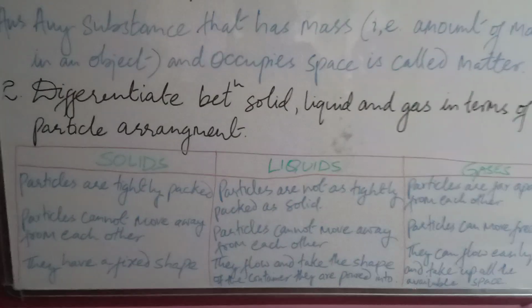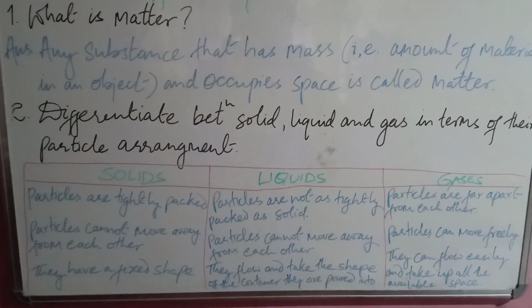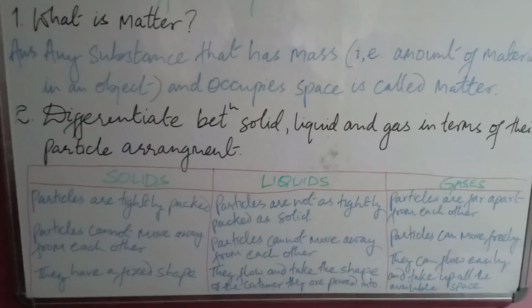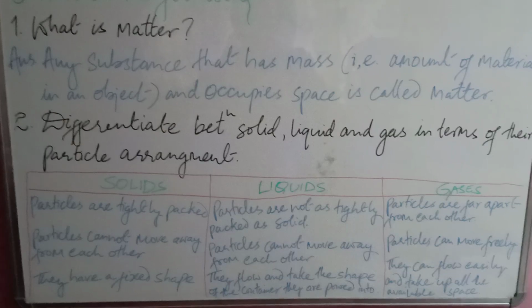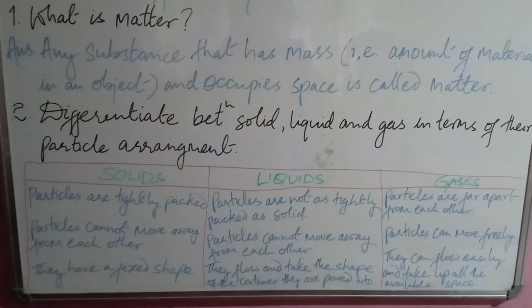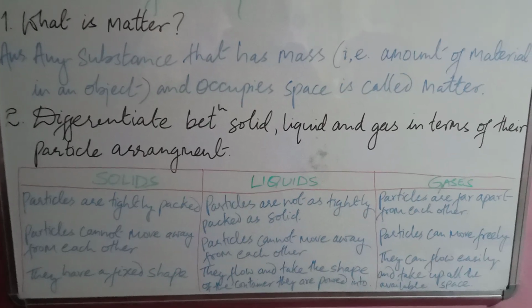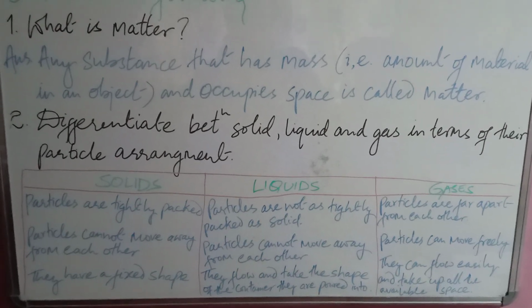Then question number 2, differentiate between solid, liquid and gas in terms of their particle arrangement. So you have to make columns like this. Inside this you can write for solid, particles are tightly packed, particles cannot move away from each other, and they have fixed shape.